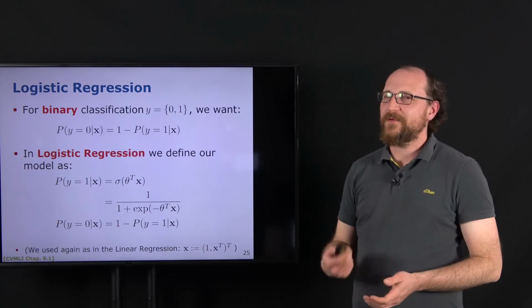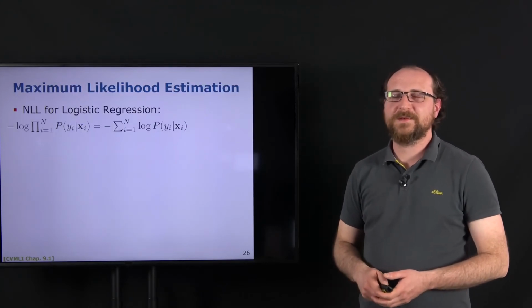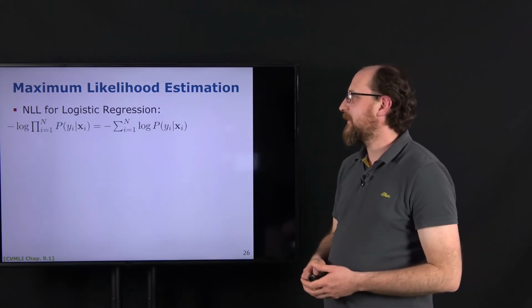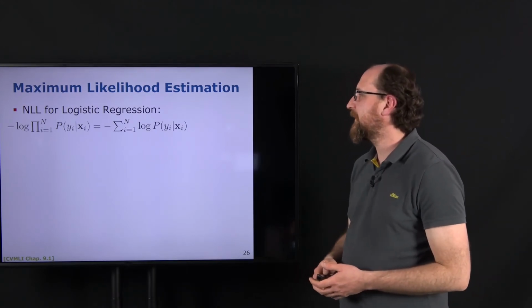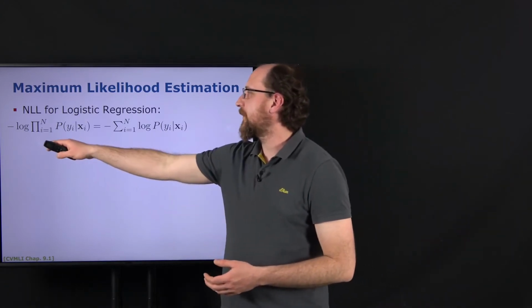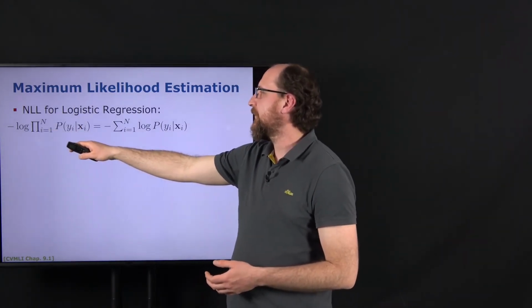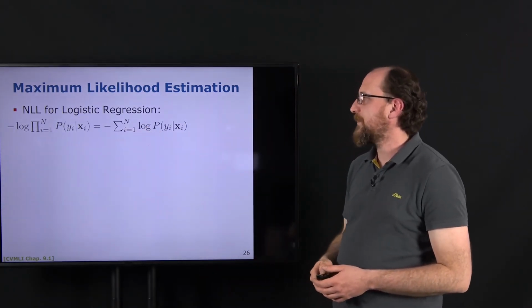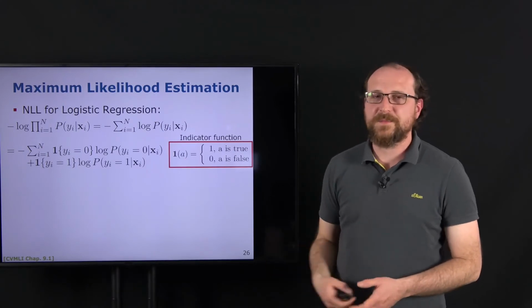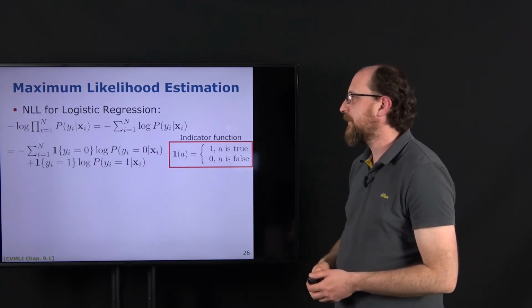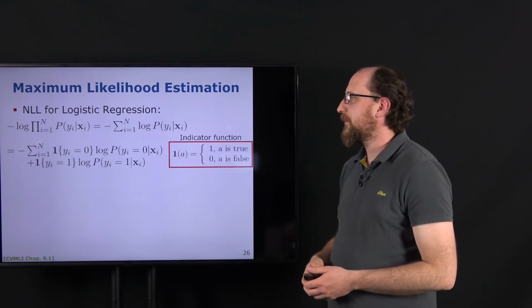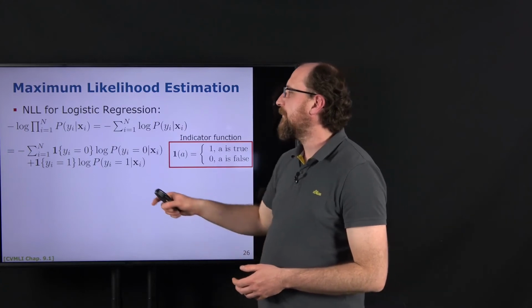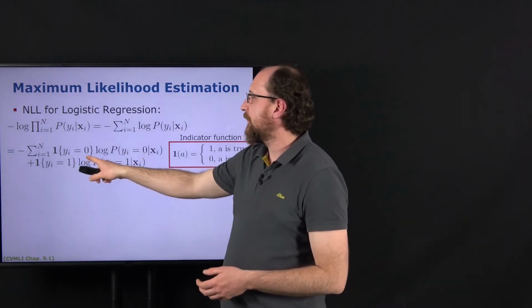Usually we want to determine the maximum likelihood estimate, so we first derive the negative log likelihood. We plug in the values again. In this case, we have the logarithm over the product, so for the maximum likelihood we put the logarithm in so that we have the sum again, everything as before. Here we make a notational distinction for when the label of the example is 0.